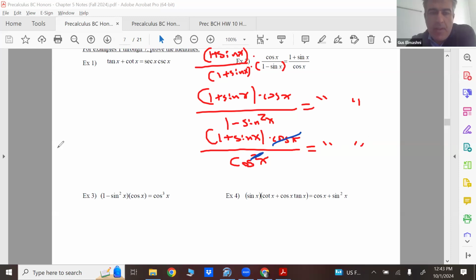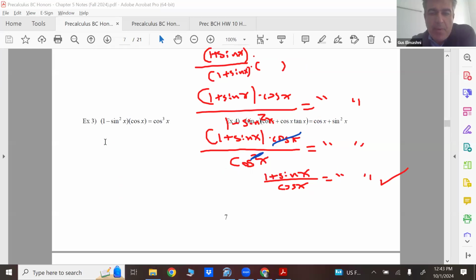And then you get what you want, which is 1 plus sine x. And we'll check mark it as verified. We good? Okay.